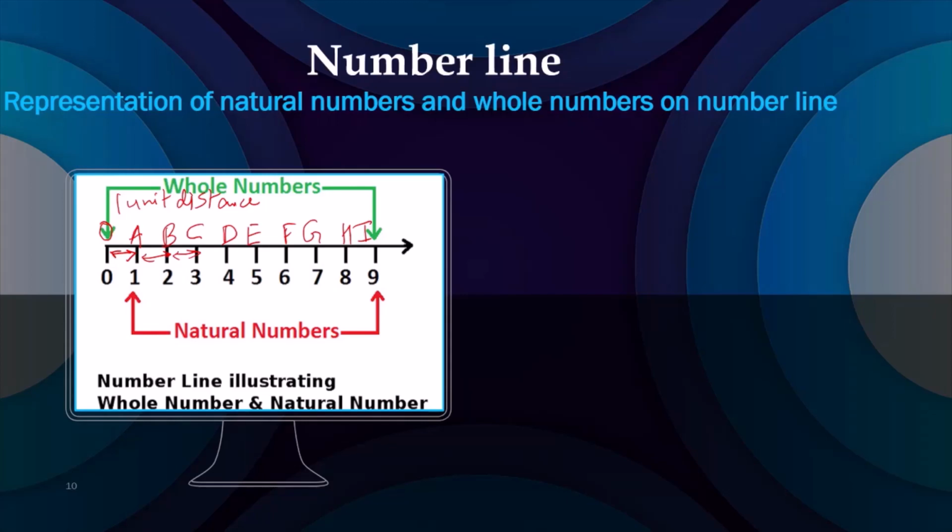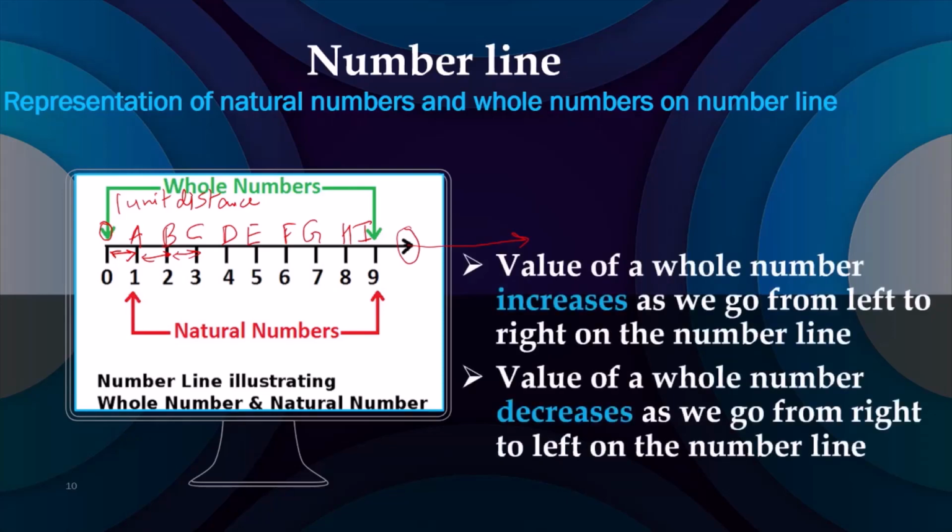The arrow mark on this side indicates that it is extendable to this side because whole numbers and natural numbers are infinite. Let us see some properties of this number line. As we go from left to right, the value of the whole numbers increases.